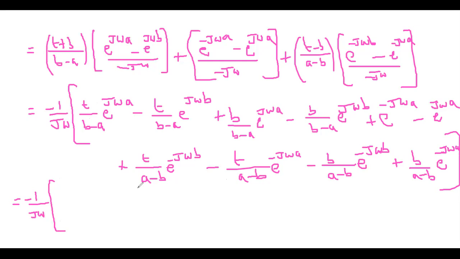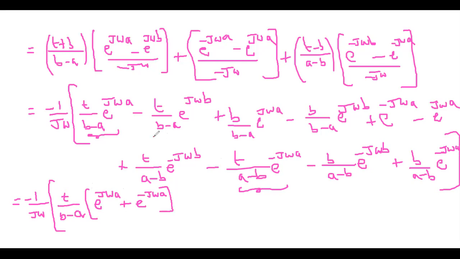Both the terms you can take as values only, my dear students. I'm taking here is the first one and this is the second one. Take (b − a) as a common. Now it becomes plus t by (b − a), then it becomes e^(jωa) plus e^(−jωa). Okay, my dear students.